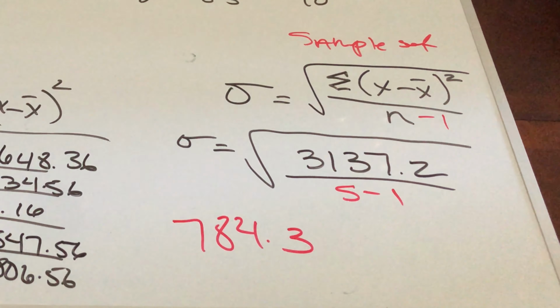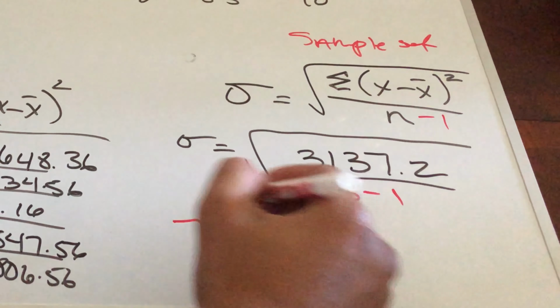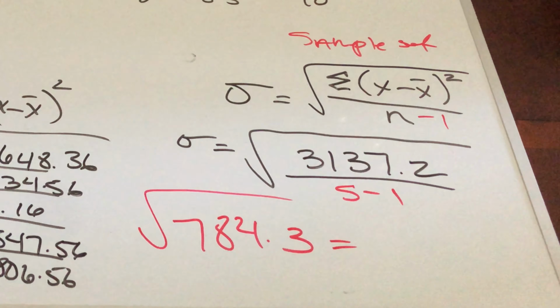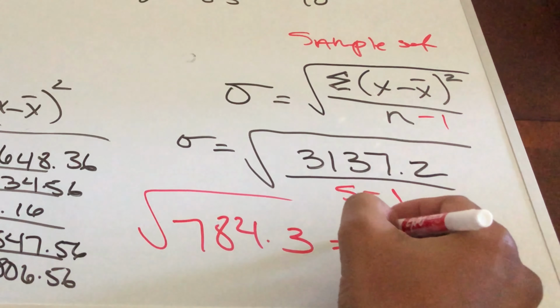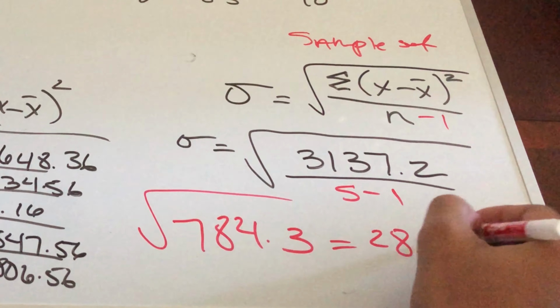784.3. Now you take the square root of that, and the square root equals 28.005.